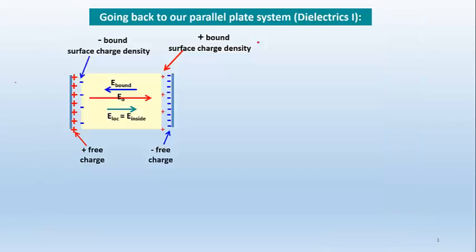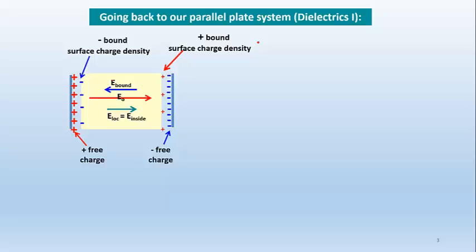So going back to our parallel plate system, we have this dielectric placed between parallel plates, and we've applied a battery or potential such that we have positive charge on this plate and negative charge on this plate, and the dielectric polarizes.